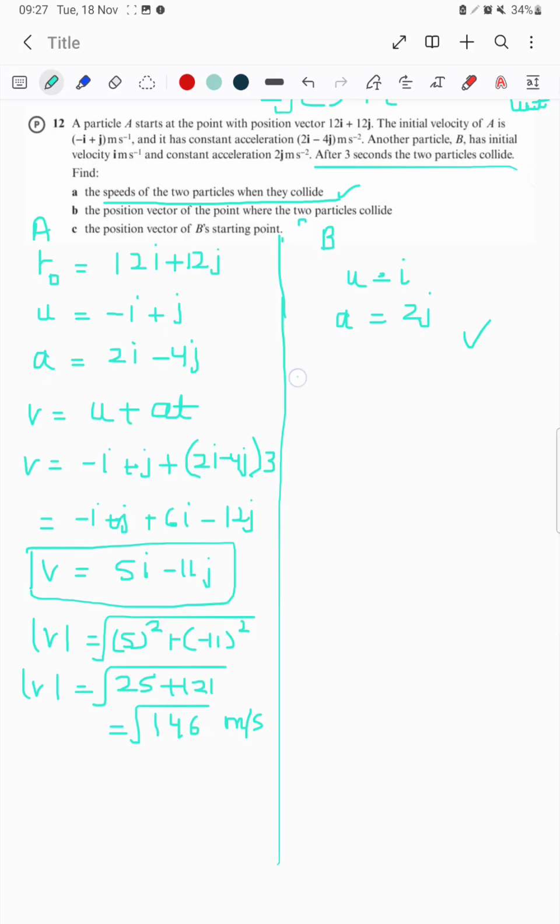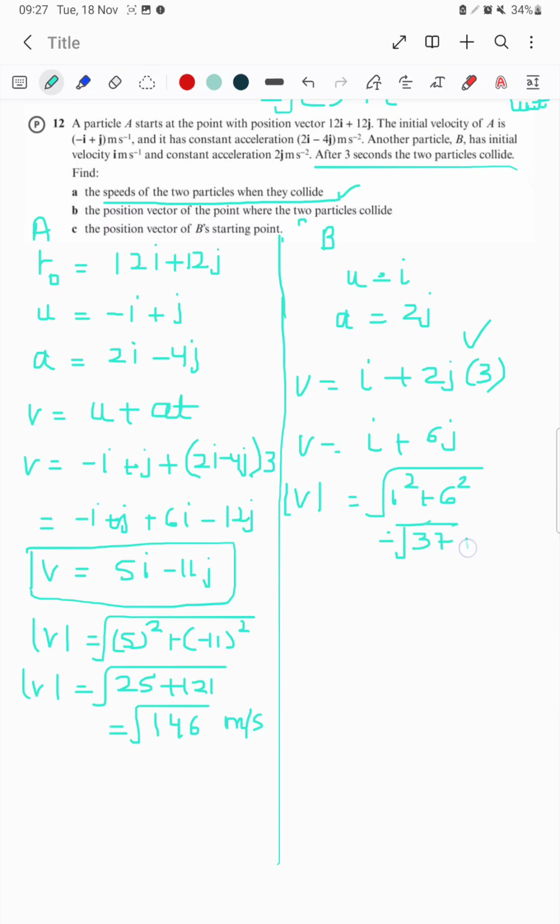So v is equal to u plus a times t, that is 3 seconds. So v is equal to i plus 6j, and the speed is the square root of 1 squared plus 6 squared, that is square root of 37 meters per second.